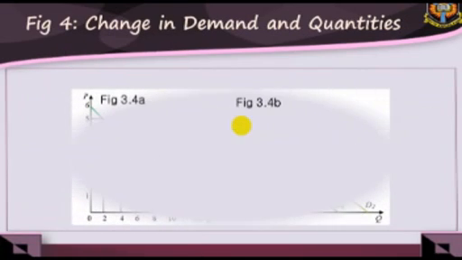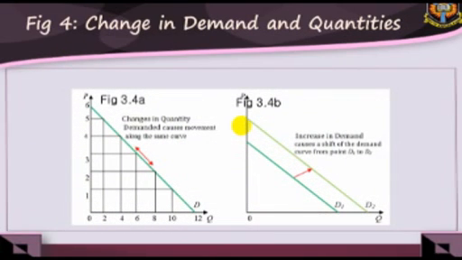In contrast, change in demand is a situation where there is a shift of the entire demand curve, as shown in figure 3.4b, which depicts an increase in demand: at every price the quantity demanded is higher than before.